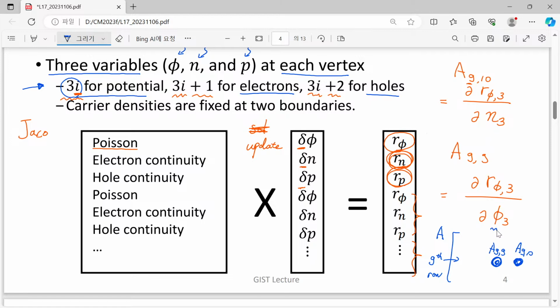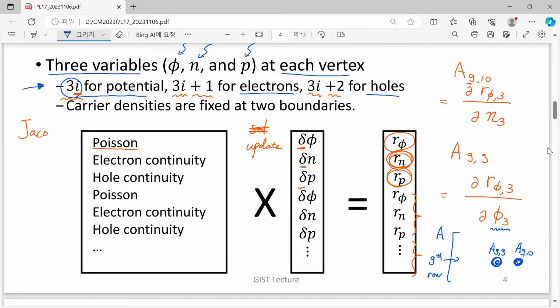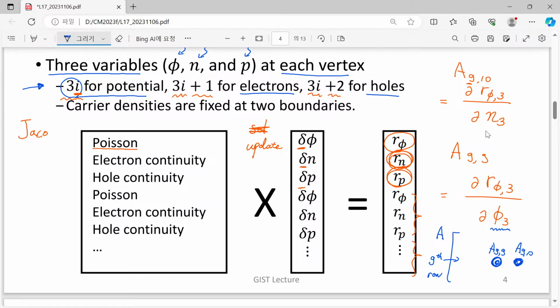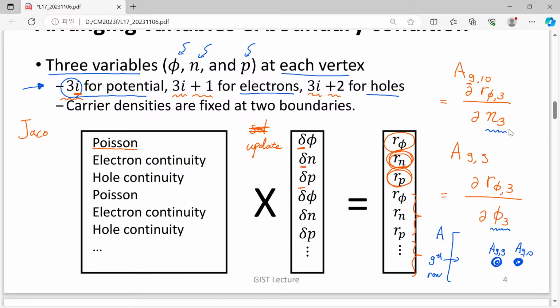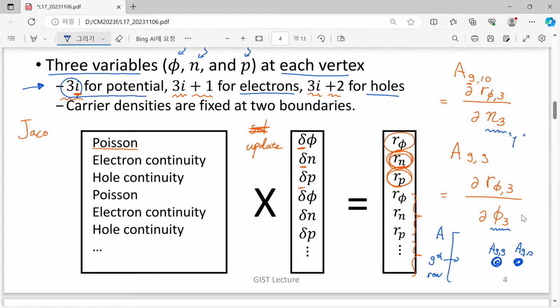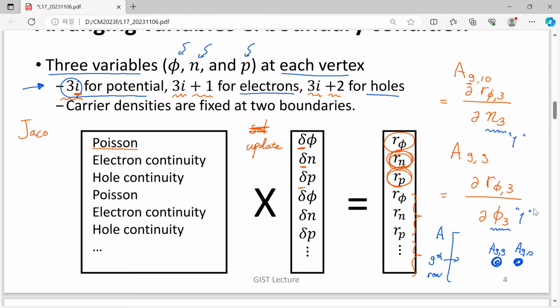This corresponds to the dependence on the potential, and this to the dependence on the electron density. So my question is, what is more sensitive to a change of value 1 in our conventional SI unit system?